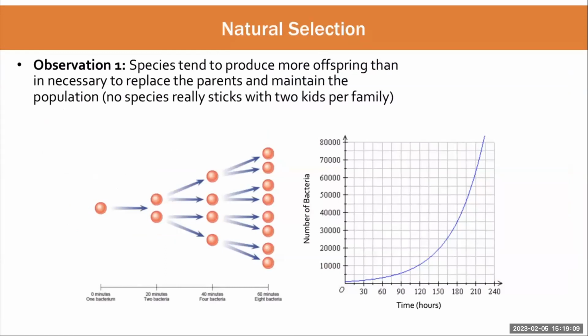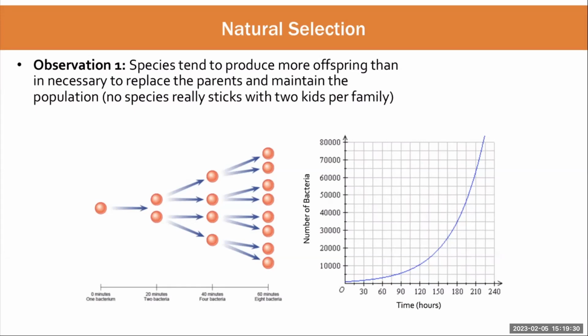Now, I will give you a one-sentence definition of natural selection, but I want to walk you through the logic of it. I have this definition written later, but I'll just state it now. Natural selection is a process that causes evolution.